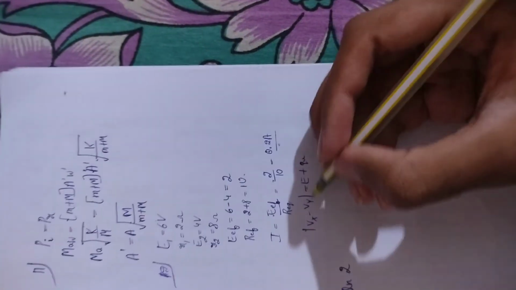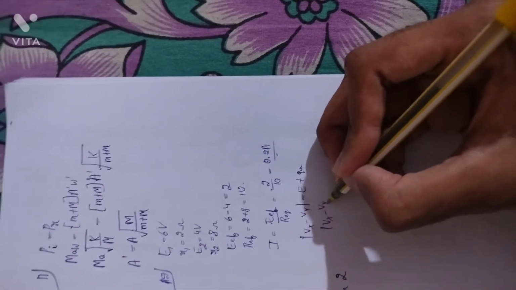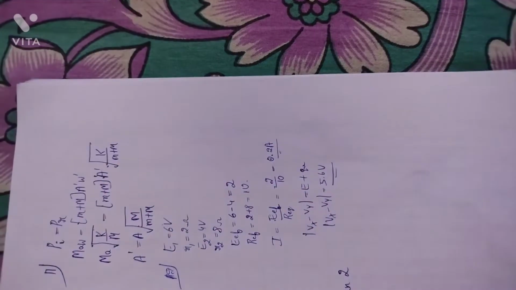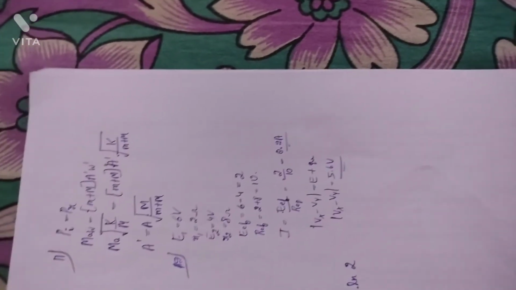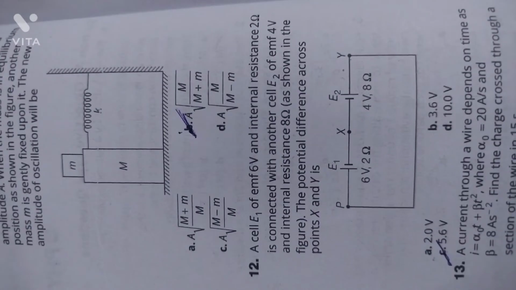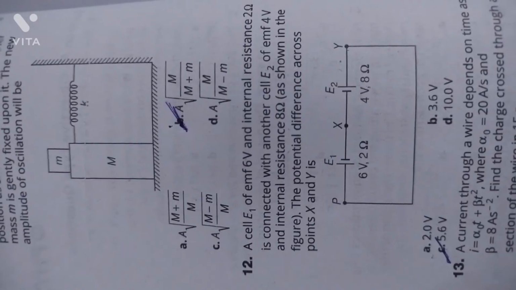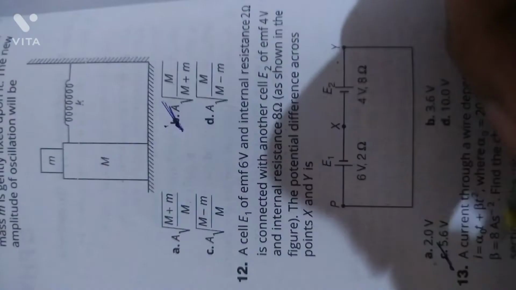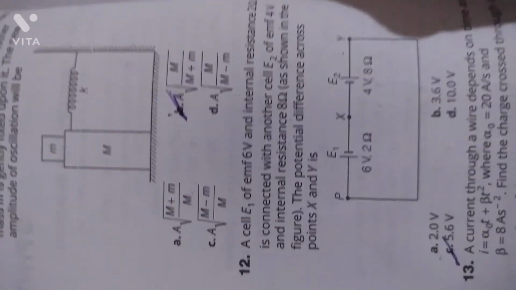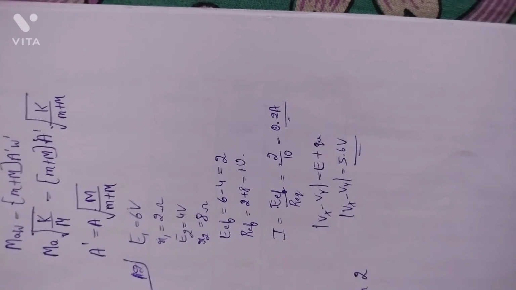If we solve it, we get that Vx minus Vy is equal to 5.6 volt, the potential difference. Now let us come to the question. Here 5.6 volt is in option C. So option C is the correct answer for our question number 12. So here is how I solved question number 12.